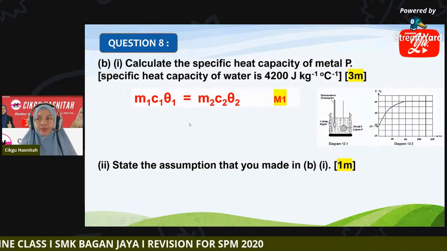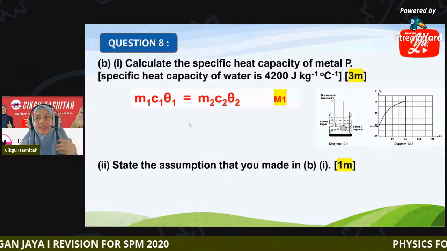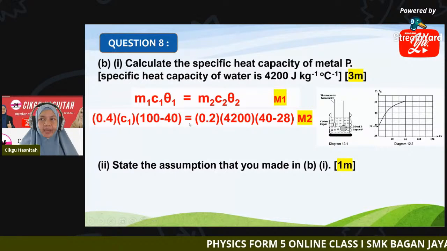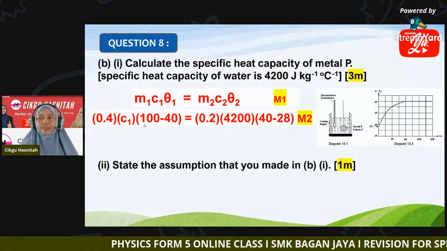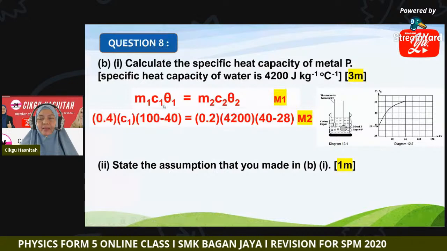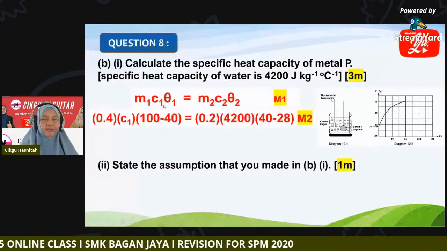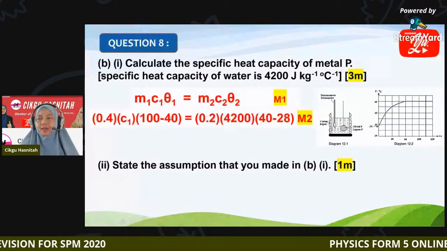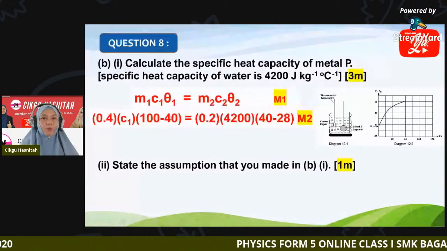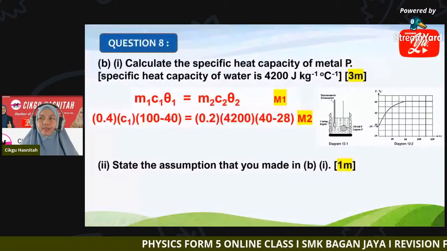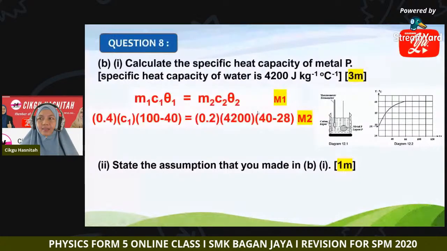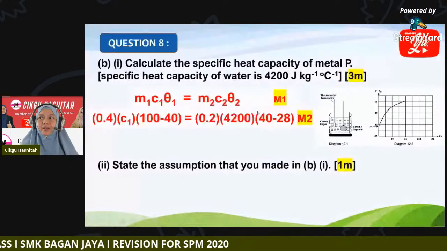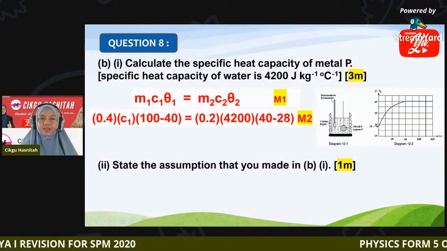So we do the substitution. This is the mass of the metal, c1 we want to find. This is the temperature change in metal P. Initially, the temperature is 100. Finally, the temperature is 40 when thermal equilibrium occurs. For water, the mass is 0.2. This is the specific heat capacity, and this is how the temperature changes in water. Finally, the temperature is 40, initially 28.